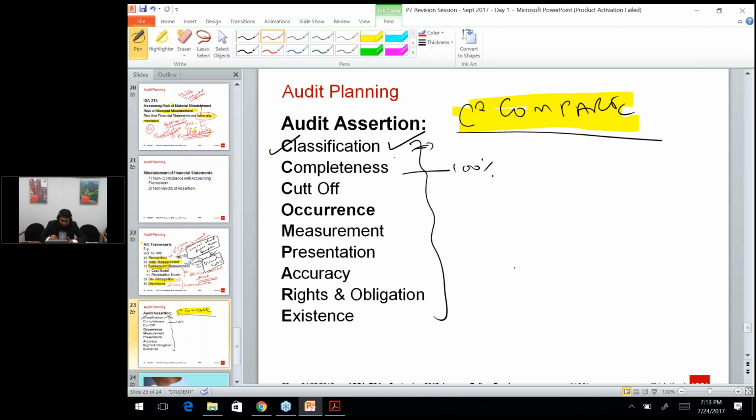The number two thing is completeness, that 100% of the assets, 100% of the liabilities, the income and 100% of the expenses have been recorded.